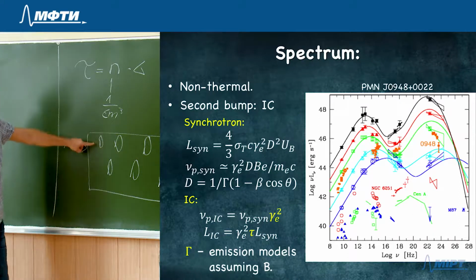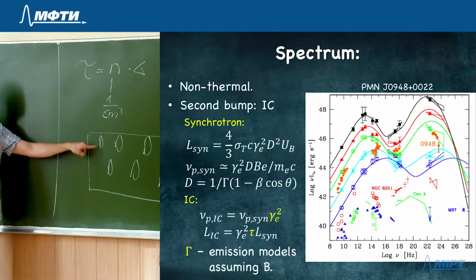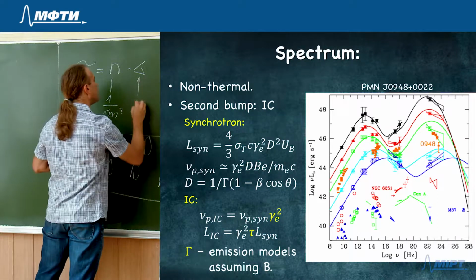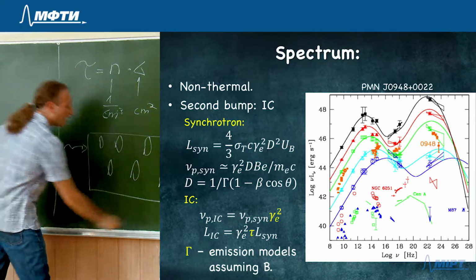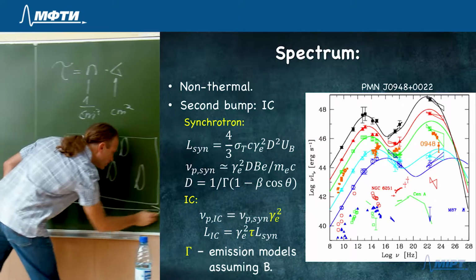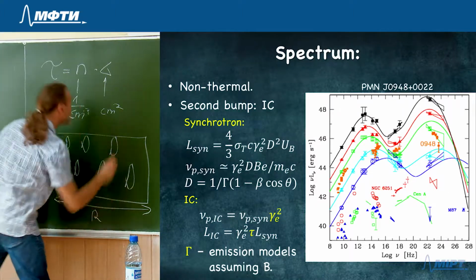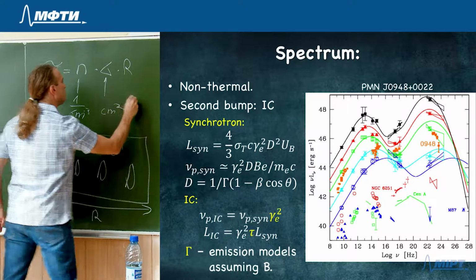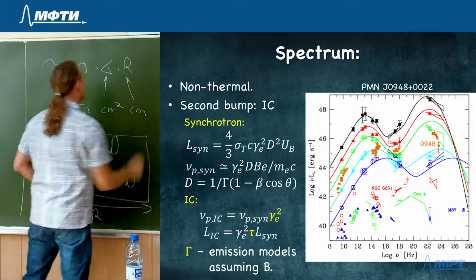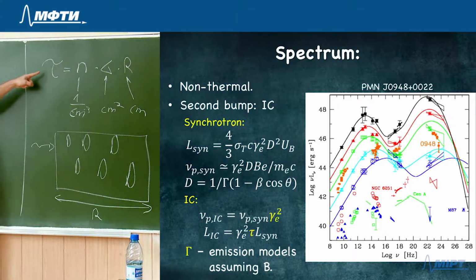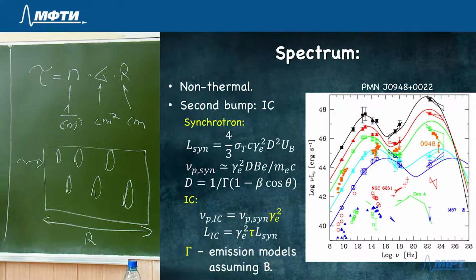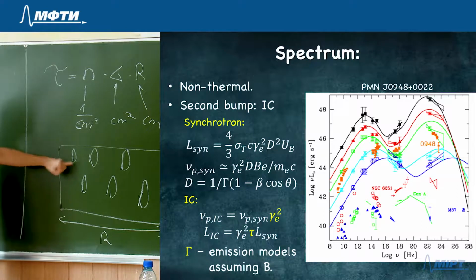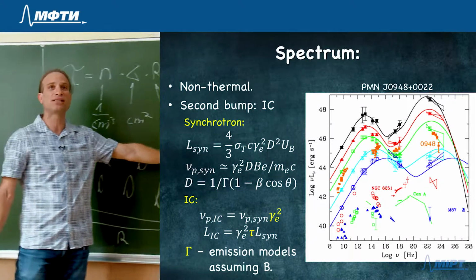The cross-section is just the area of each scatterer, so the units are centimeter squared, times the distance r, in centimeters. So you see that tau is unitless, and it represents the number of times that the photon will be scattered as it passes through the blob.